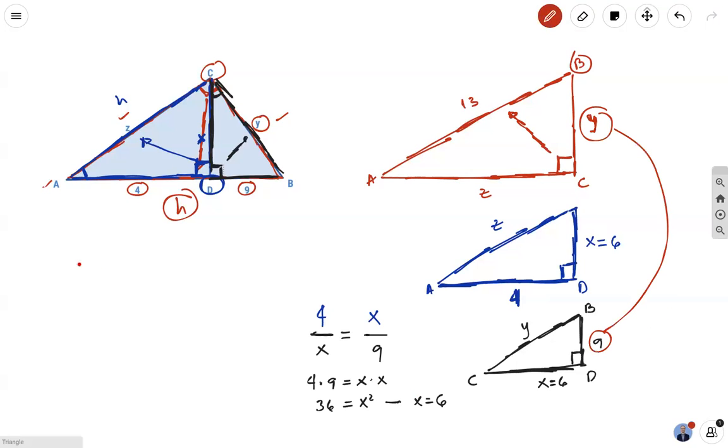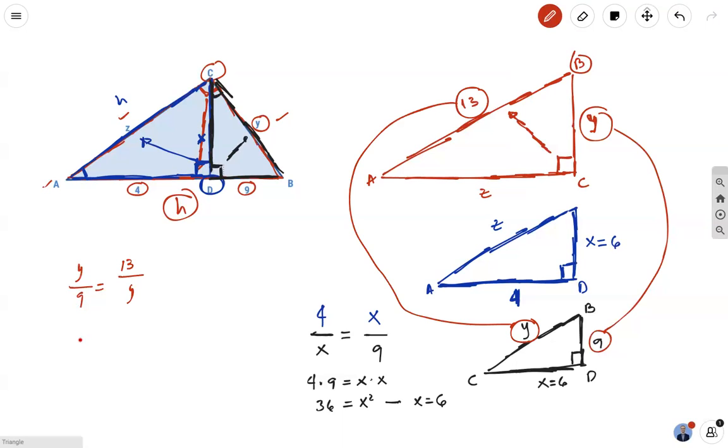So I can go from y divided by 9 to perhaps this 13 to this y. So I'm going to go from 13 to y. So those are the corresponding sides. So I'm going to write 13 divided by y.